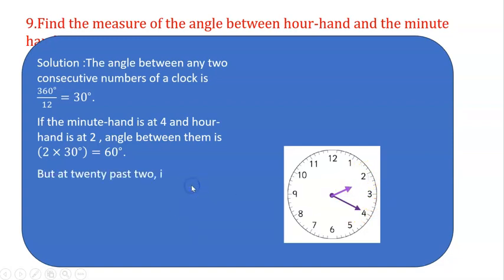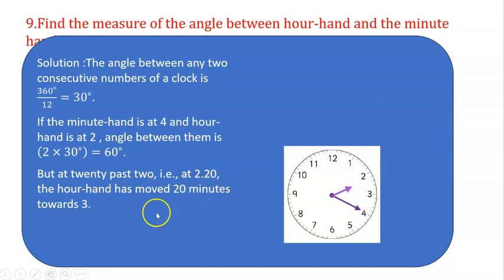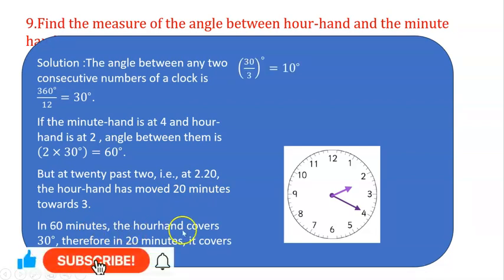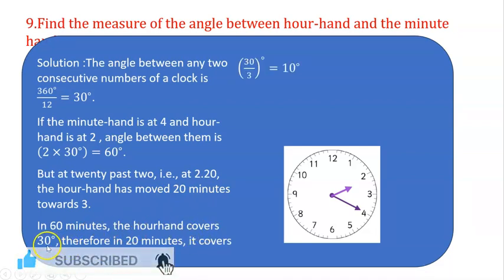But at 20 past 2, that is 2:20, the hour hand has moved 20 minutes towards 3. In 60 minutes, the hour hand covers 30 degree, and therefore in 20 minutes, it will cover 30 upon 3, and that is equal to 10 degree.